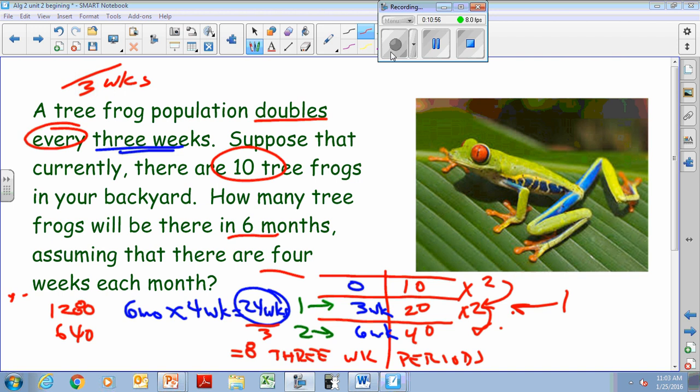For those who don't see it, this is at the end of the first 3-week period, so she doubled it from what she started with originally. So 8 3-week periods, and why don't you multiply it by 2? Multiply the 8 times 2 to see how many. 8 times 2, well, of course, I know it's 16.